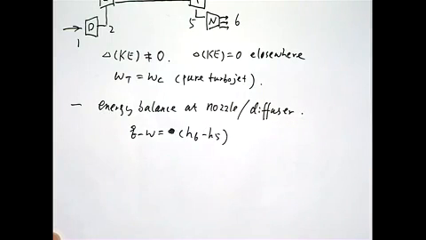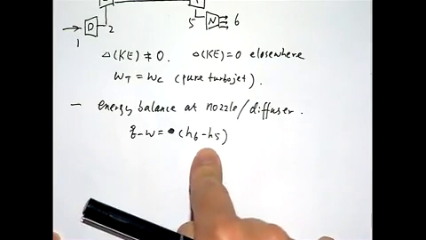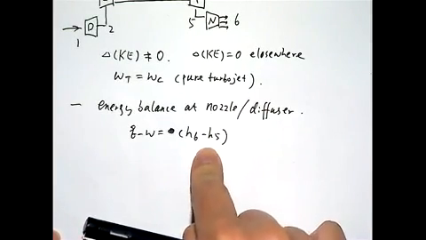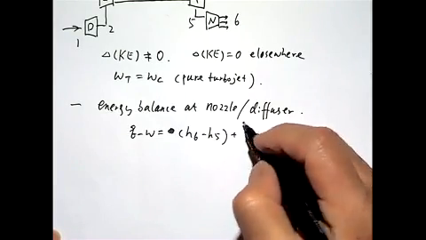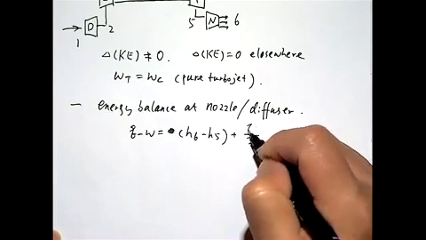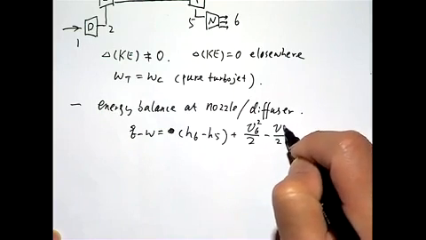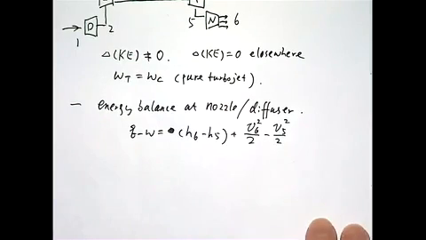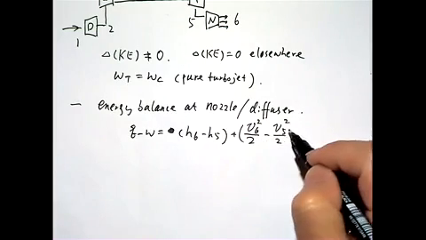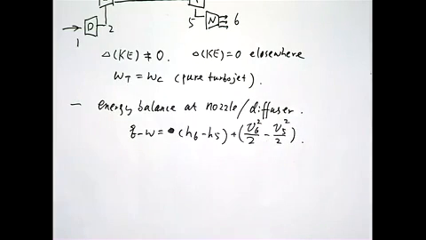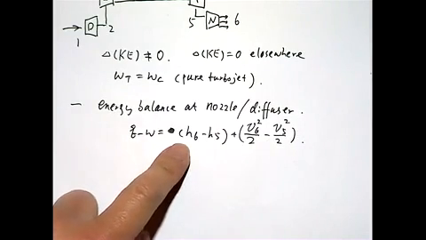So that's the change in enthalpy. And in this process you cannot ignore the change in kinetic energy, V6 squared divided by 2 minus V5 squared divided by 2. That's the change in kinetic energy, right? So that follows the first law.